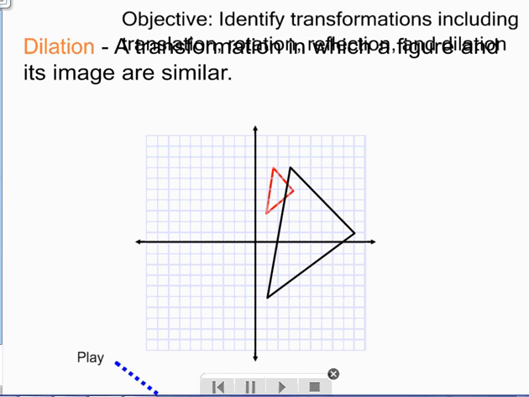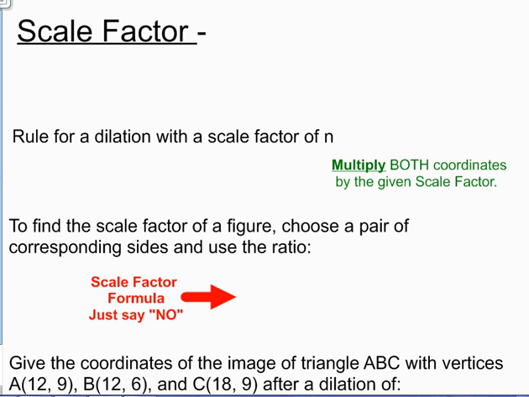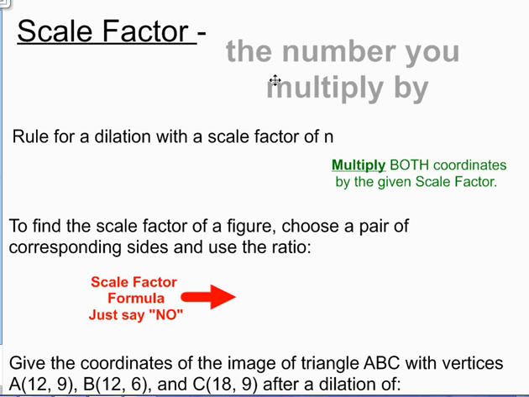All right, so along with the dilation, we have something called a scale factor. A scale factor is the number you multiply by.